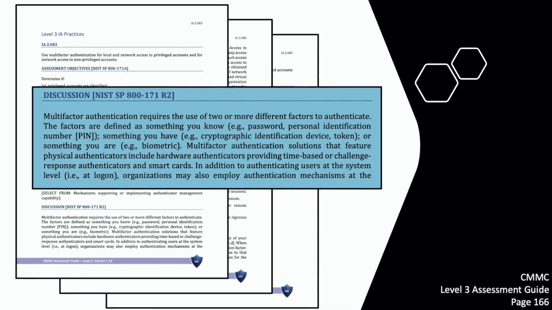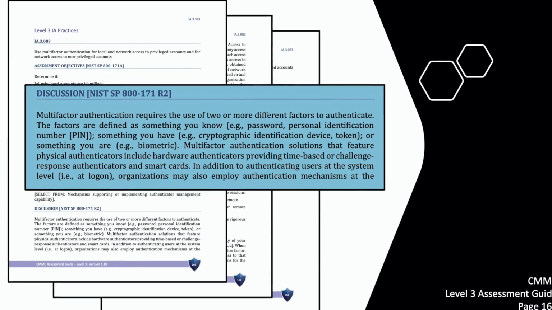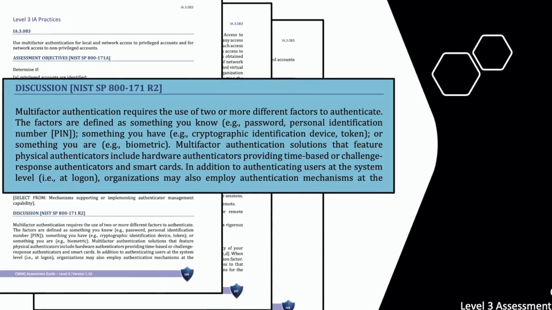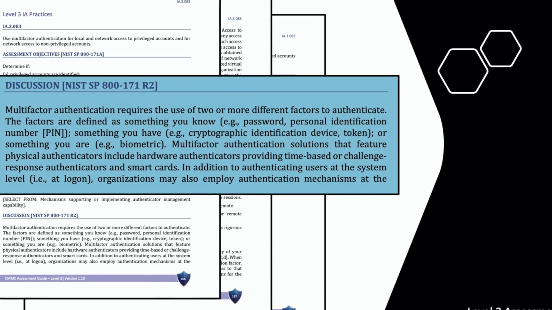And then if we get into the discussion, which is a really key part of the assessment guide, it talks about what multi-factor authentication is. It says something you know, something you have, or something you are, in the case of biometrics. So where does this come from?